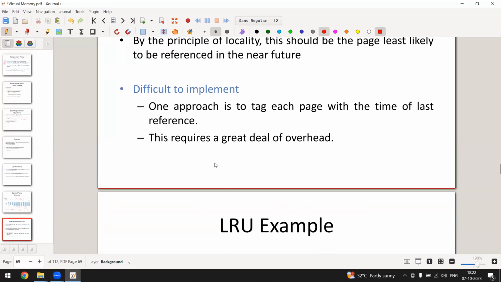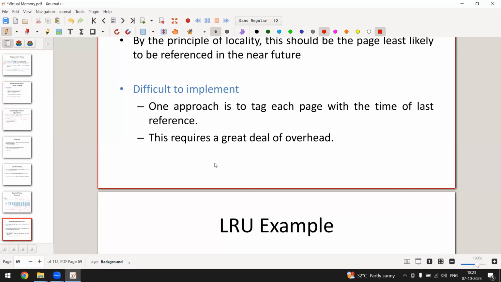On the implementation side, we observe that LRU is difficult to implement. Why? Because we have to keep track of the past, which items were referenced, which items were not referenced. That history we have to keep track of.